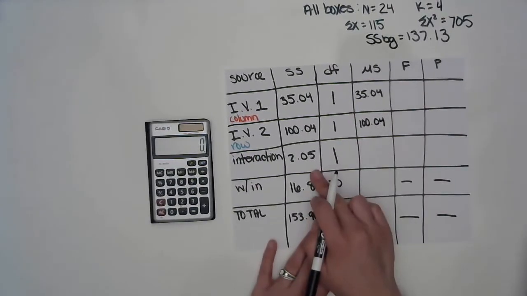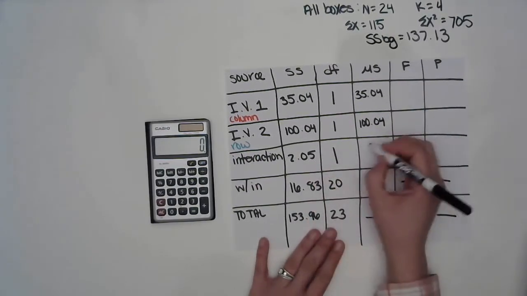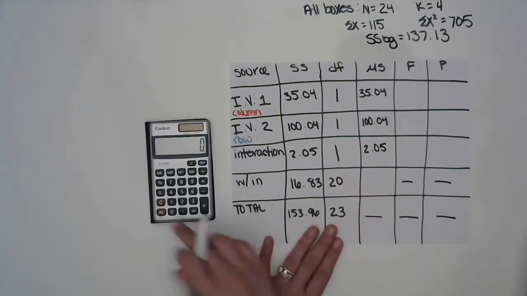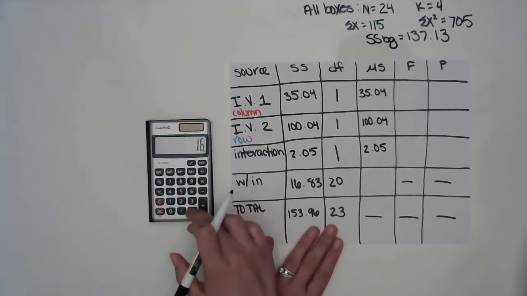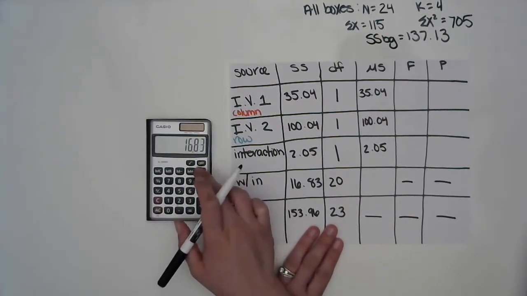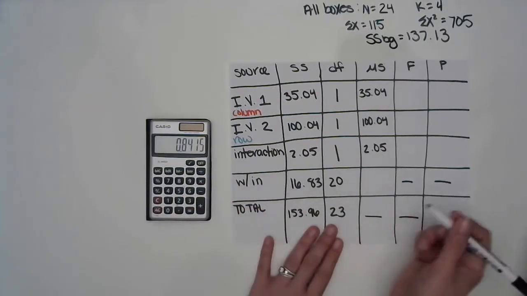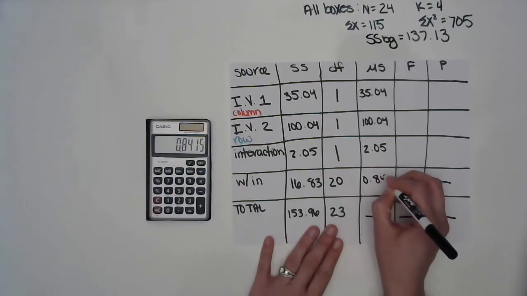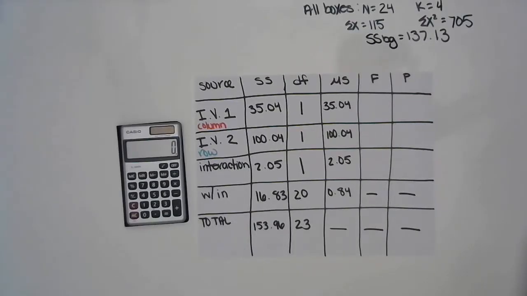Do the same thing for here. 2.05 divided by 1 is 2.05. And for the last one, we actually have to use the calculator. 16.83 divided by 20 is going to give us 0.84.